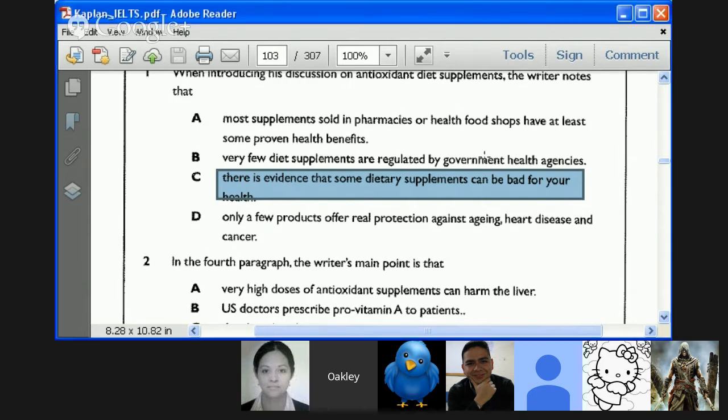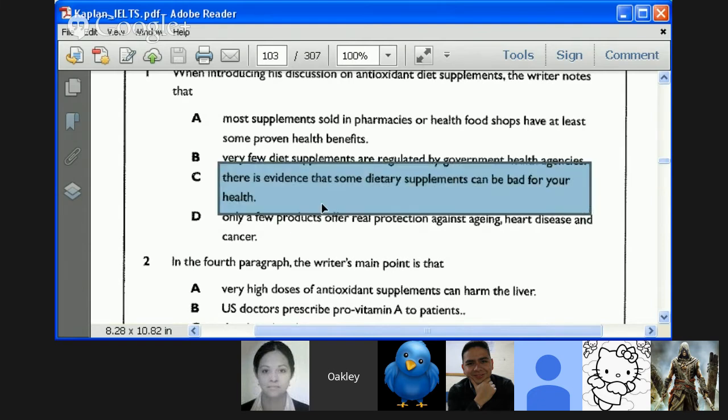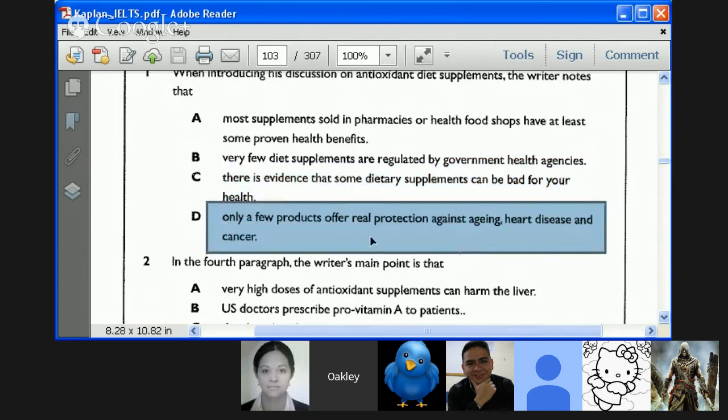Okay, now if you remember later in the text, actually it does say, I think there was some evidence, so there may be evidence presented. So for now, I would put a question mark here. I'm not sure, actually. Okay, and D, only a few products offer real protection against aging.